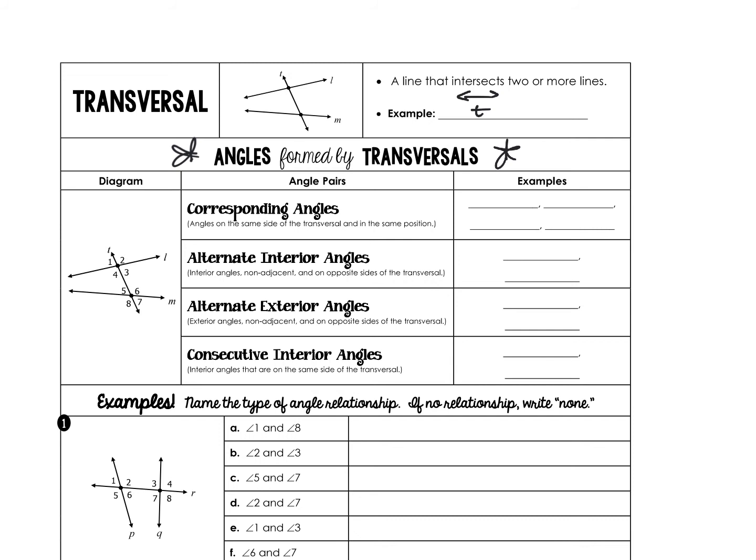And when you have a transversal like this, it creates angle relationships, okay? Corresponding angles are angles on the same side of the transversal and in the same position. So that would be like angles 1 and 5. They're on the same side of the transversal in the same position. Angle 2 and angle 6.